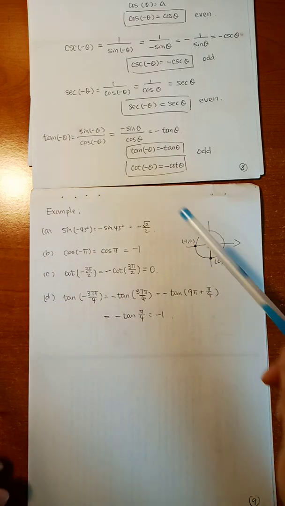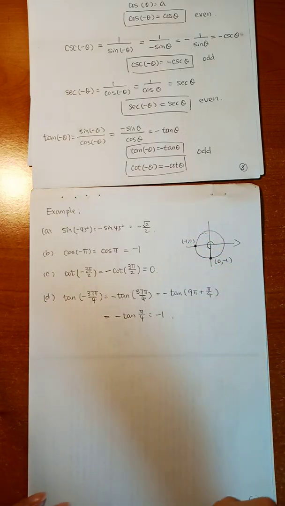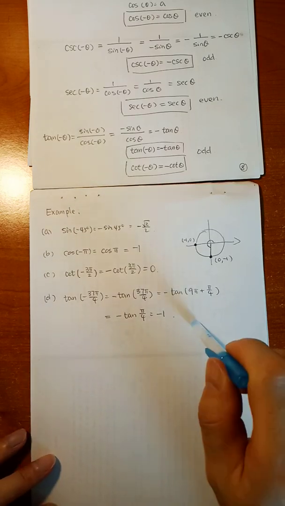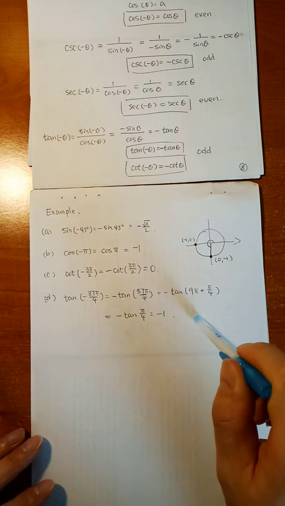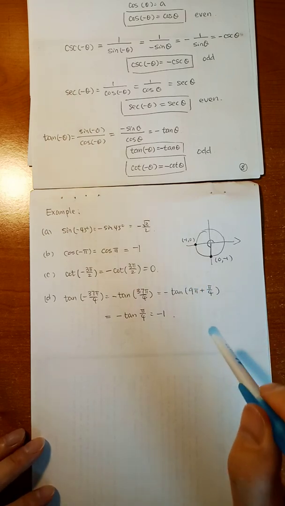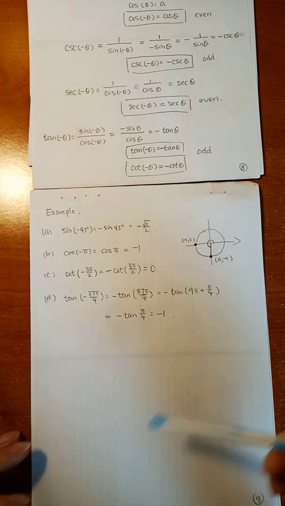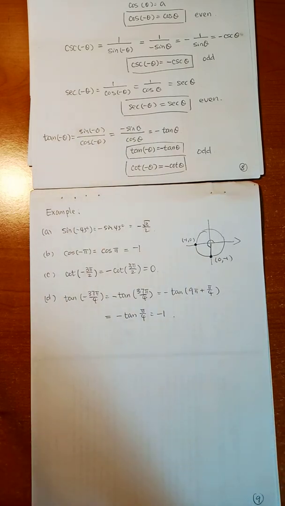We studied the domain and range of all six trigonometric functions. We also studied the even-odd properties. Of the six trig functions, two are even and four are odd. Cosine and secant are even, the other four are odd.